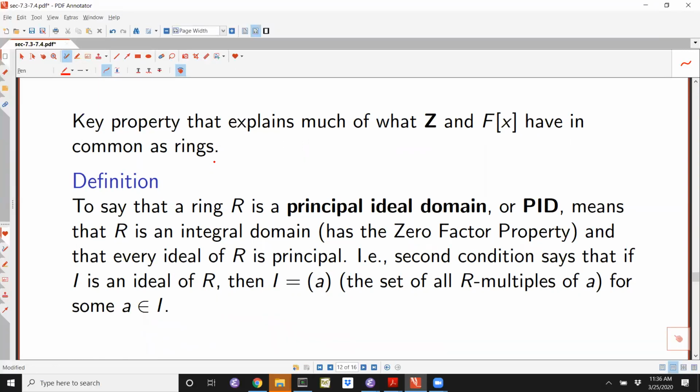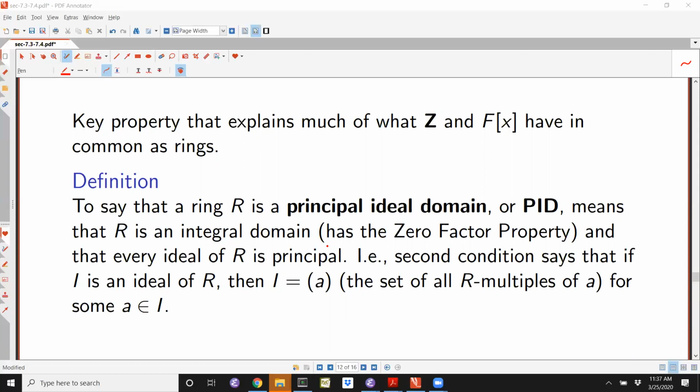They're basically the same kind of ring, or at least always very closely analogous. And so this one particular definition is a key property that tells you why exactly the integers and polynomials are the same kind of ring.